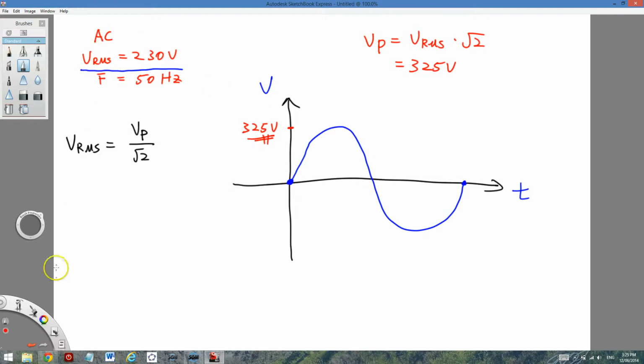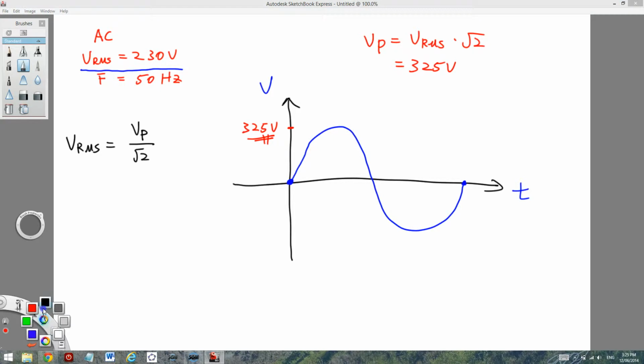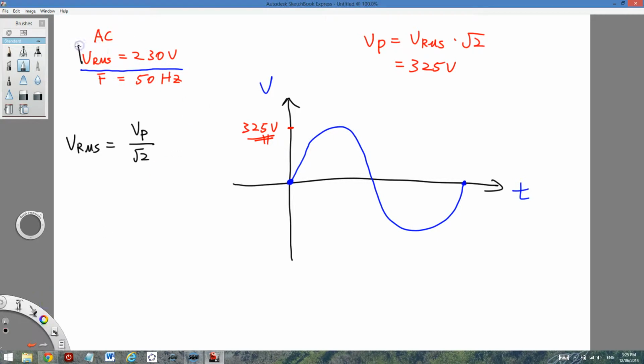Now, just always remember an important fact: in calculations of the circuit, we always use RMS values, because this is the average value.